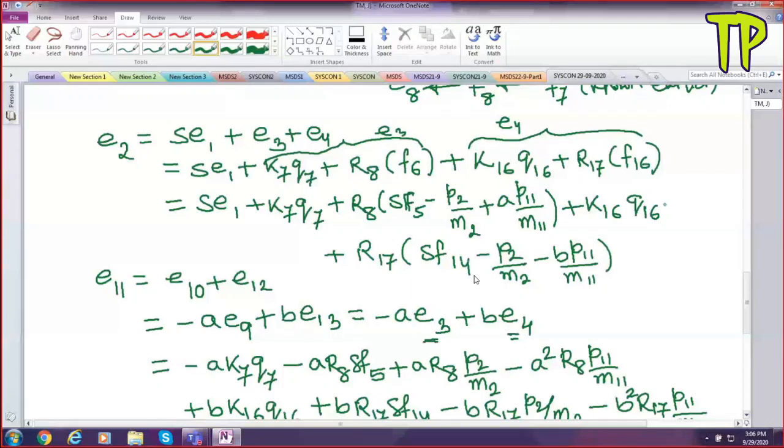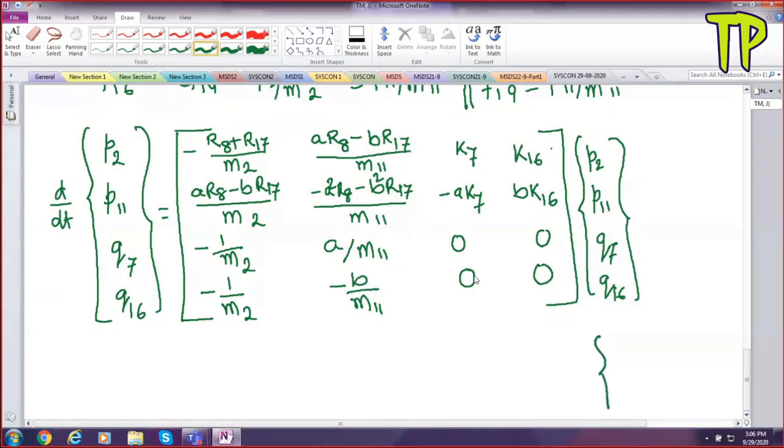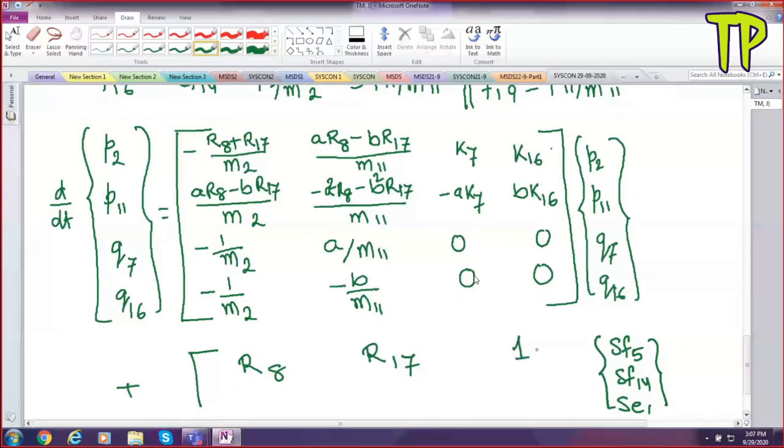This matrix's number of columns will be the same as the number of sources.